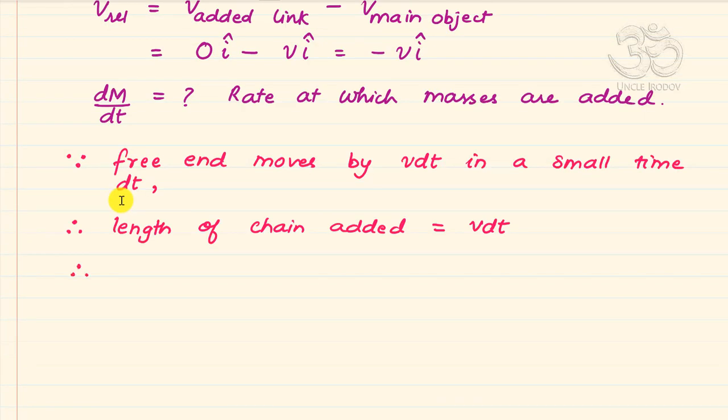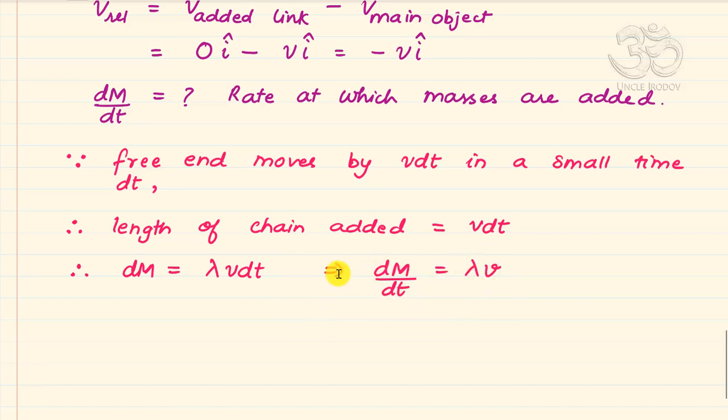So therefore its mass, small mass which is being added, is lambda times v dt, and this will give you the rate of addition of mass as dm by dt, which is lambda v. And because masses are being added into the main object, we will use this lambda v as plus. So dm by dt will be positive lambda v.